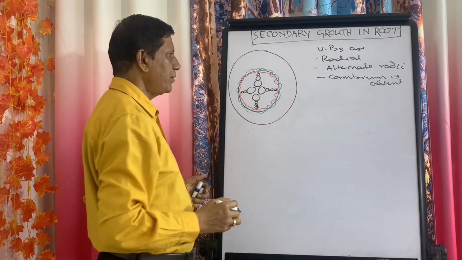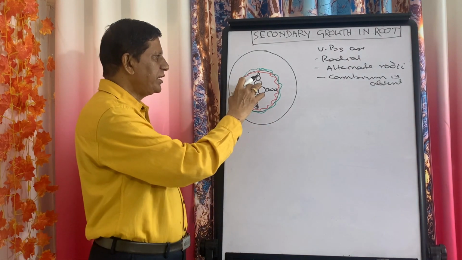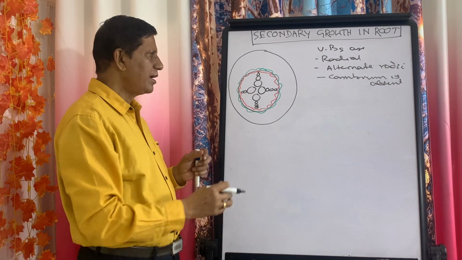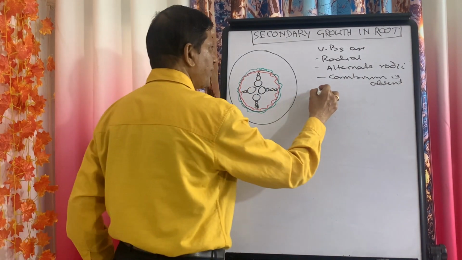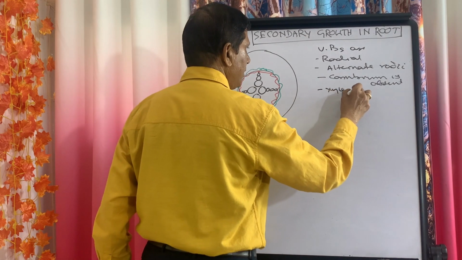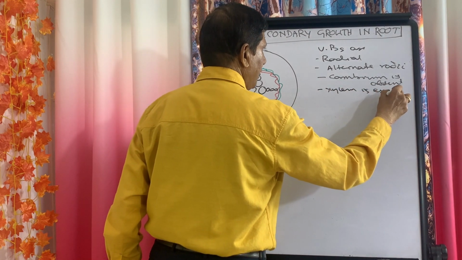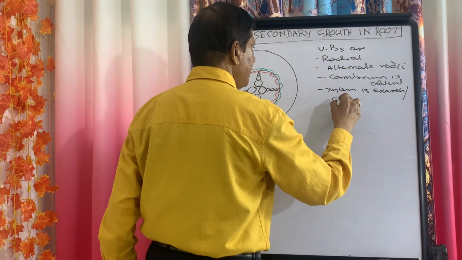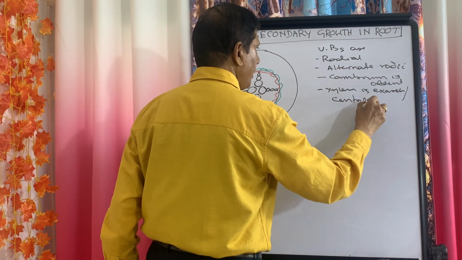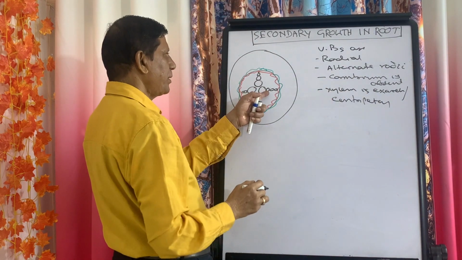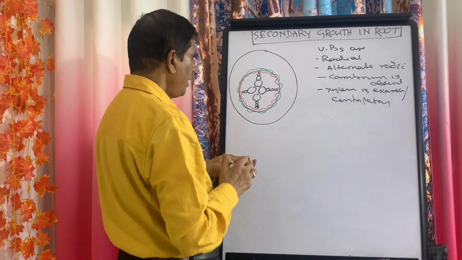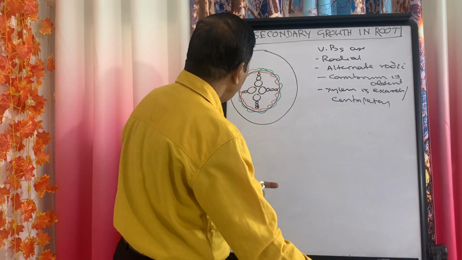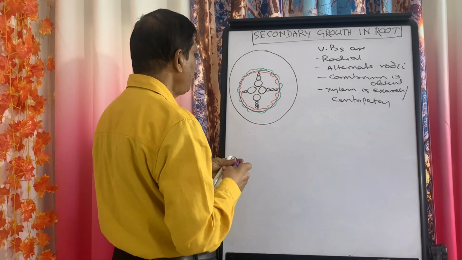Because in case of dicot roots, usually the pith is obliterated or absent, and the xylem is exarch. Xylem is exarch or centripetal. That means the protoxylem are present toward the outer side and metaxylem present toward the inner side. The phloem is present in between.